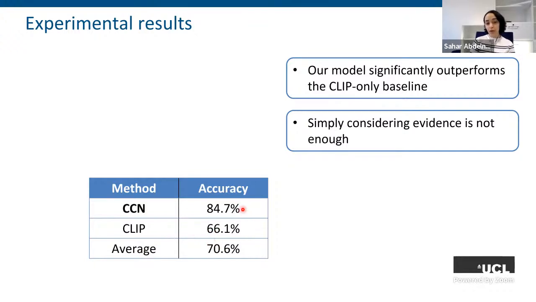However, it's also much lower compared to our full model. And our interpretation and takeaway from that is that simply considering evidence in a very naive way is not enough, because the task is challenging even given the evidence, and therefore we need to have our other improvements like the representations design and also the memory networks in order to be able to do more fine-grained reasoning, and also to be able to selectively attend to the most relevant items.